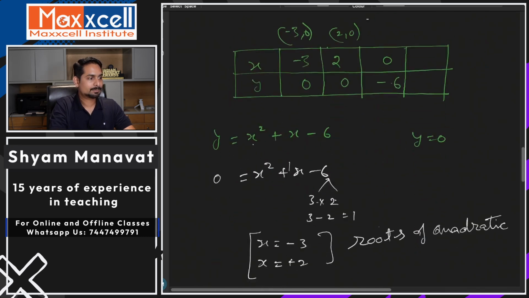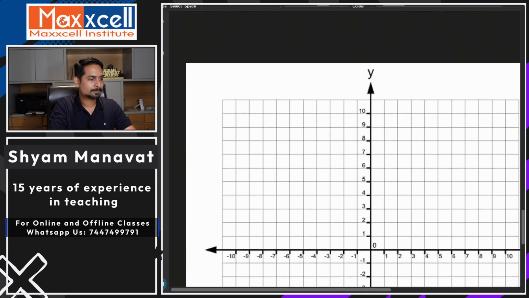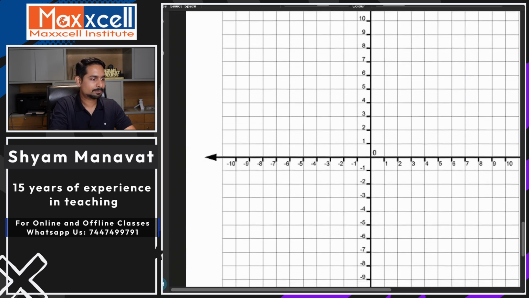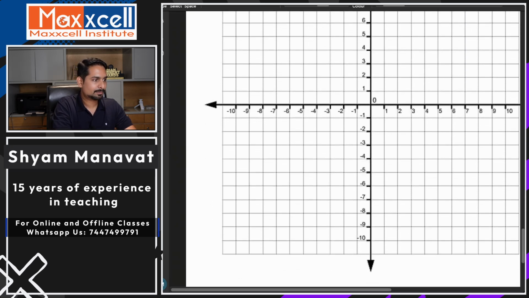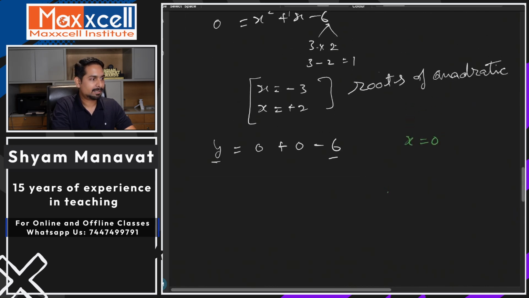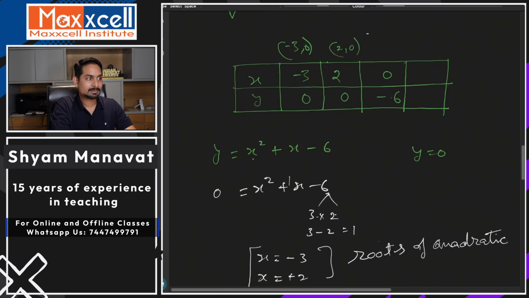Let me plot this. Minus 3 comma 0, here y is 0, and 2 comma 0. And on the y axis, when x is equal to 0, y is minus 6.